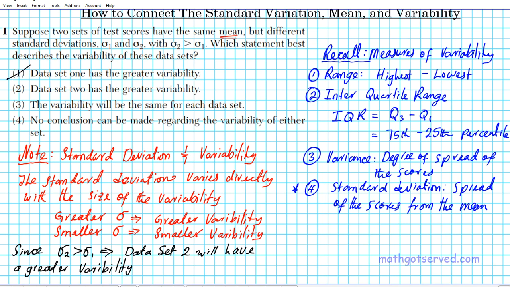That's incorrect, because if it did, we'd have a scenario where sigma 1 would be greater than sigma 2, but that's not the case. Dataset 2 has the greater variability. Absolutely. This is automatically true because dataset 2 has a greater standard deviation.